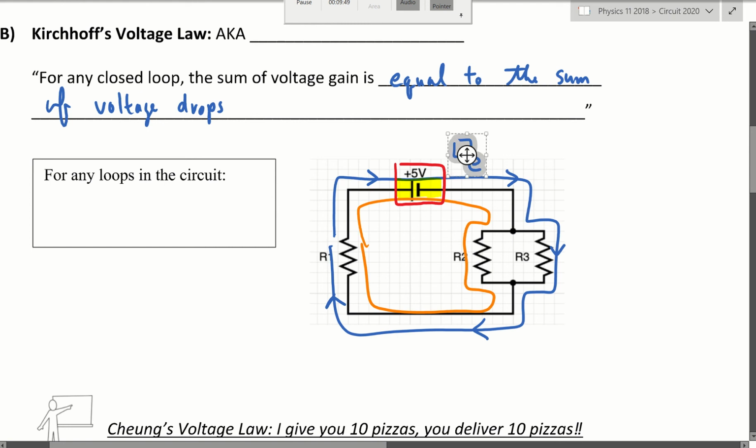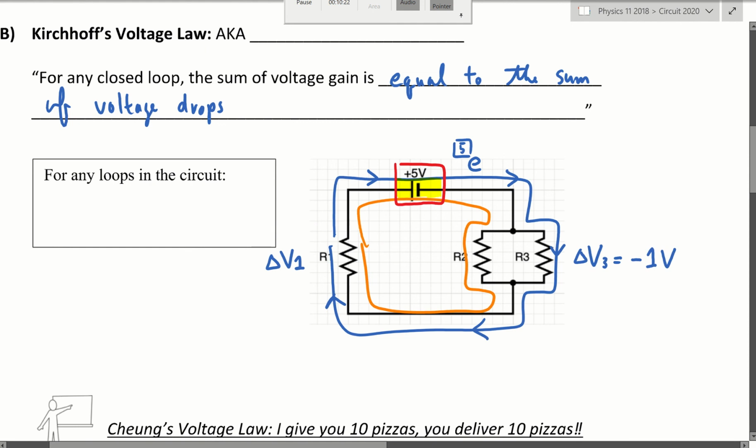So for example, if the electron picks up 5 volts from the battery, and let's say the electron drops 1 volt here, so one of the pizzas is consumed here, we can say the change in voltage is negative 1 volt. Then what is the change in voltage at this location?